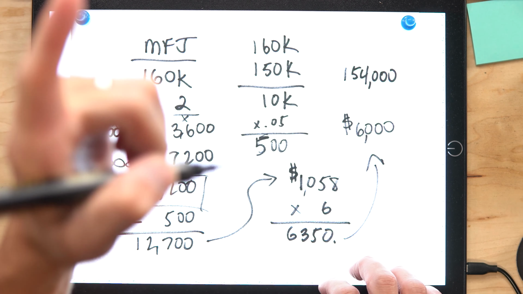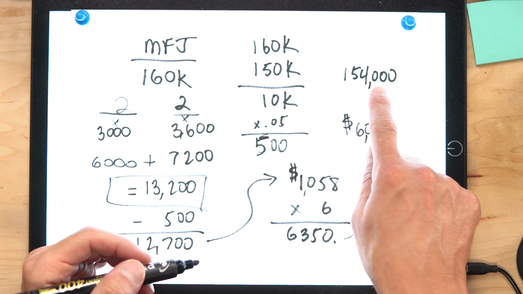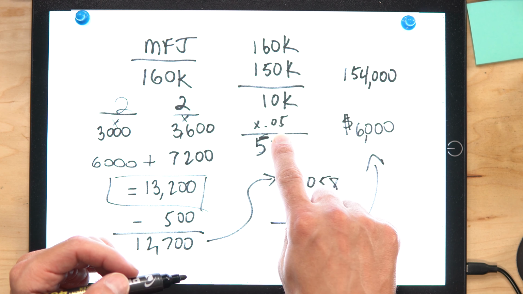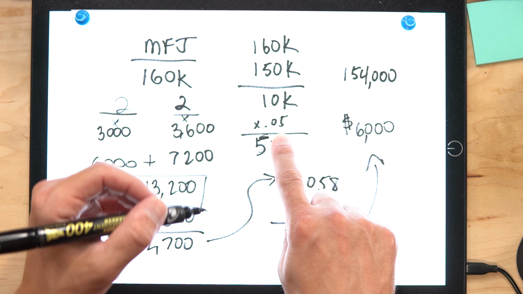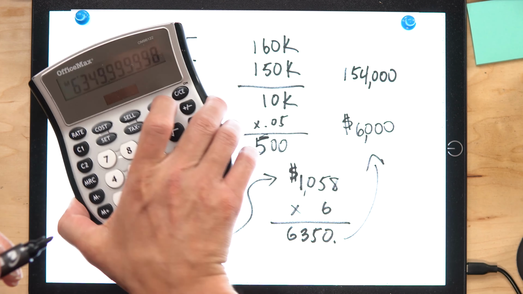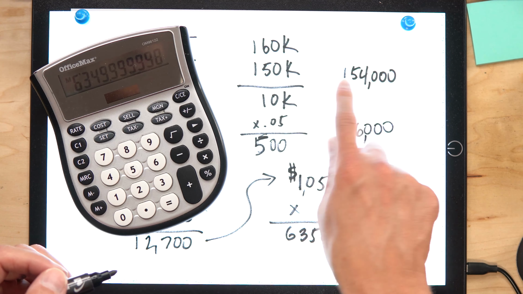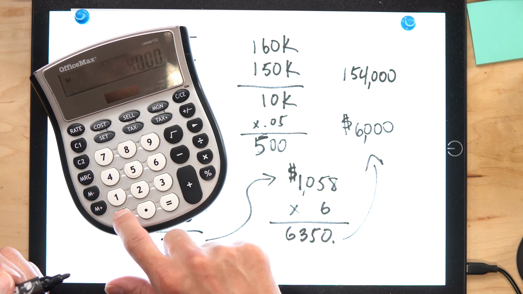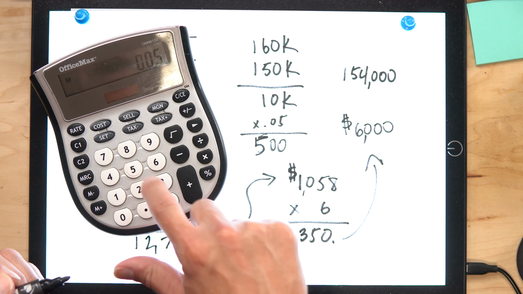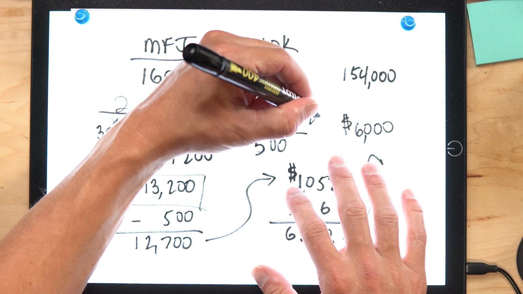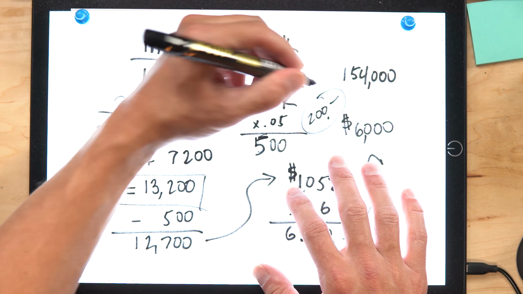So for the child tax credit, that is going to get adjusted. Rather than multiplying 10,000 by 0.05, it would only be 4,000, because remember, 150,000 to 154,000 is only 4,000. So 4,000 times 0.05 is going to be $200. That means we're going to get $200 more in the child tax credit.